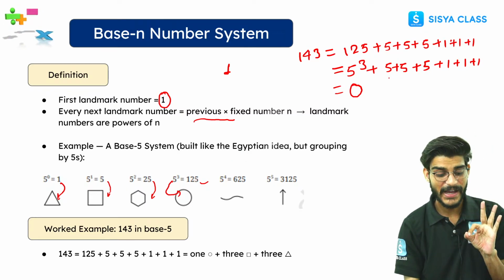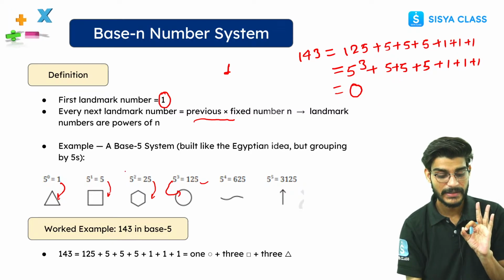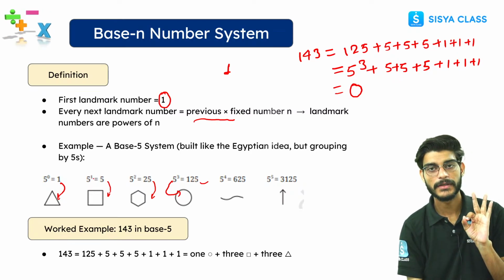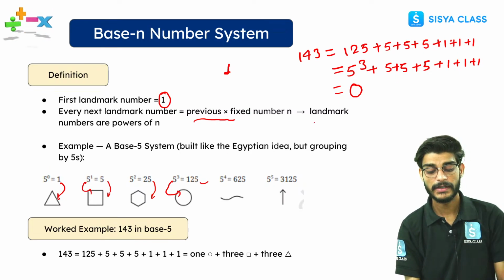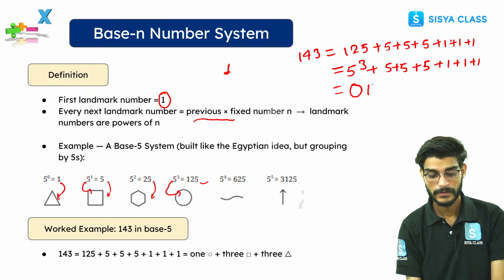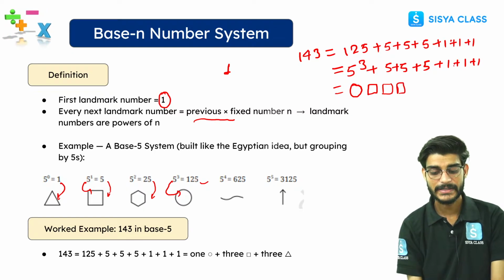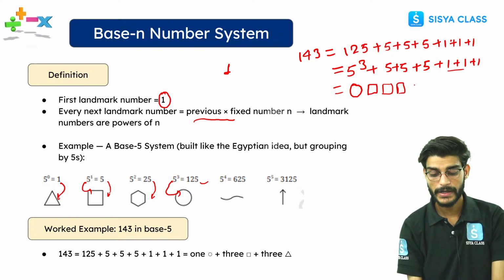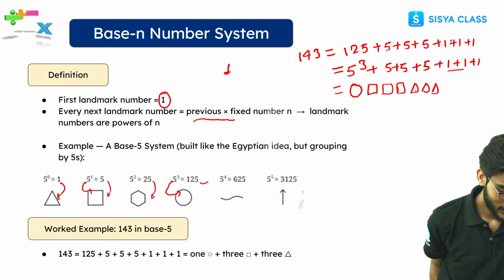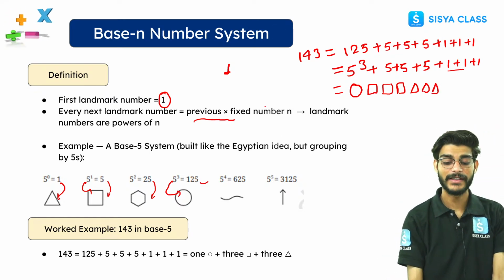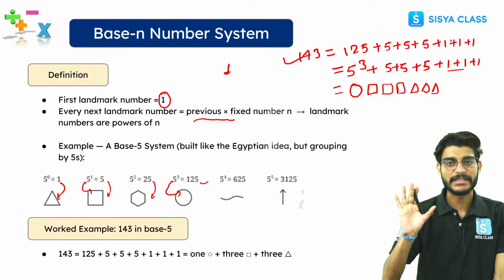Next is 3 fives. 3 fives means 5 power 1 here, no? So 3 squares I will make. Next is 3 ones, so 3 triangles. This is how you will denote this 143 in symbols as a base 5.